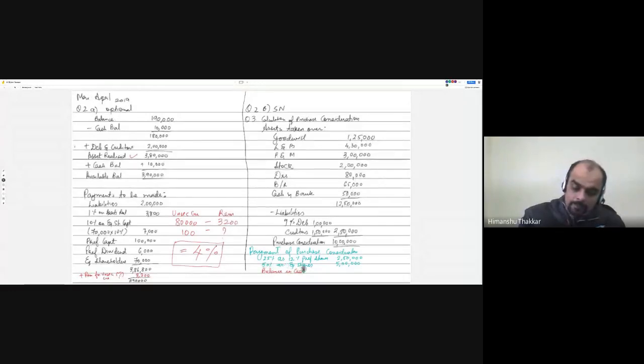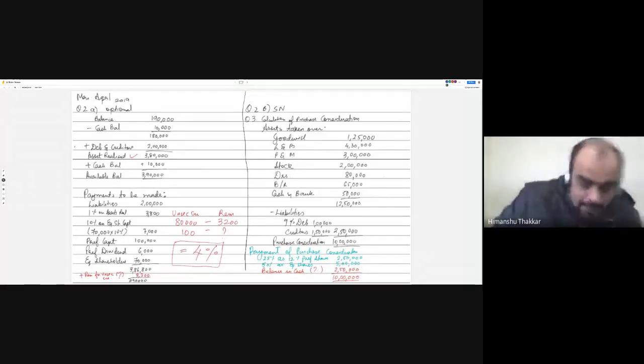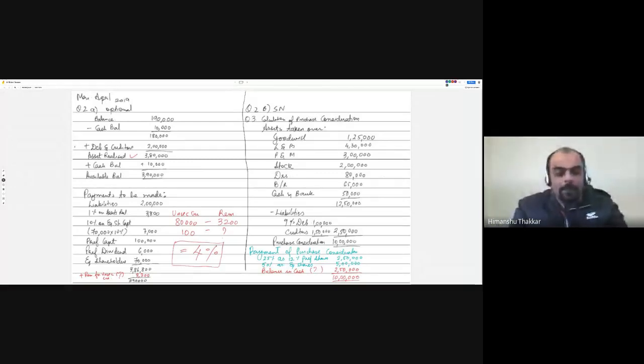Total, it is 10 lakhs. So the balancing figure will come out to 2,50,000. This is what we need to do before we can actually start with either preparing accounts or entries on anything as such.